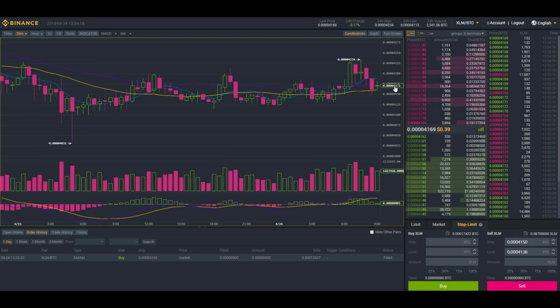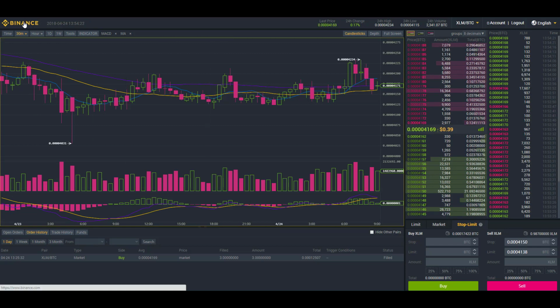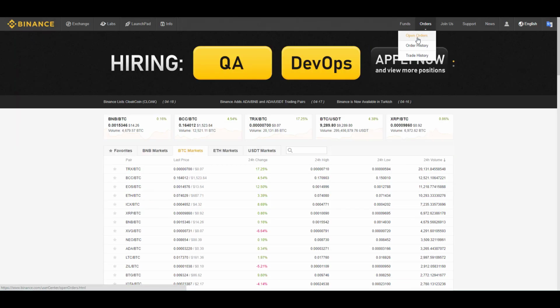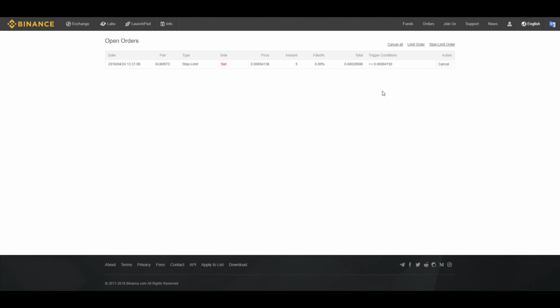After I place the stop limit, you can go back to your account and see in open orders. Here you can see the stop limit which I placed. Here you can see the XLM. It's a sell order. I sell at this price.